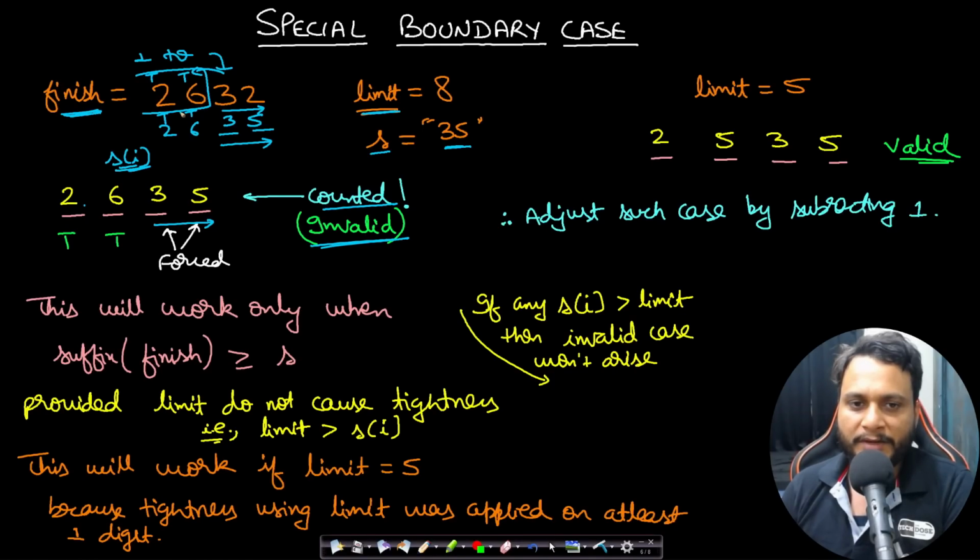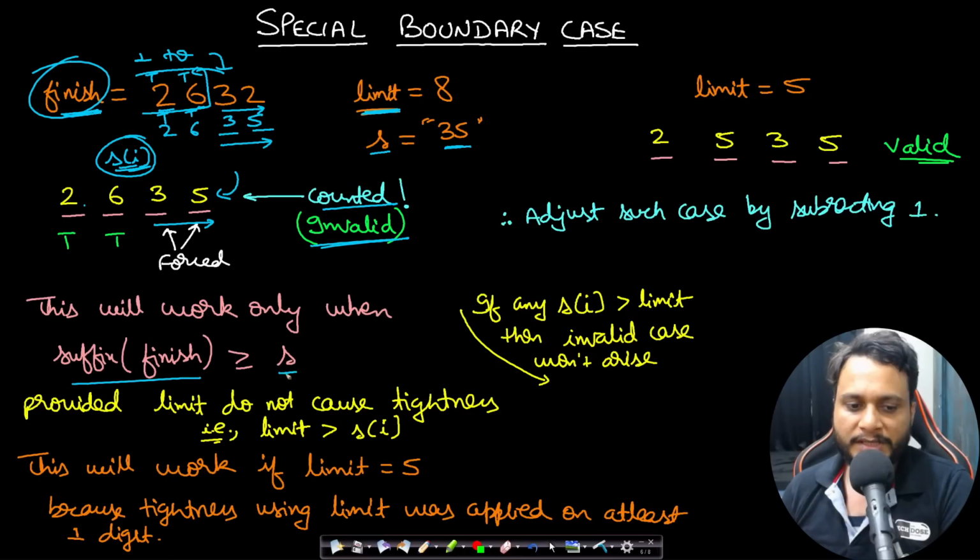The tightness never happened due to limit, but it happened due to the digits present in the finish or the start. So if that is the condition which happens, then you will end up with a number which will be greater than the finish value, which does not fall in the range, and so it has to be subtracted by -1 value simply.